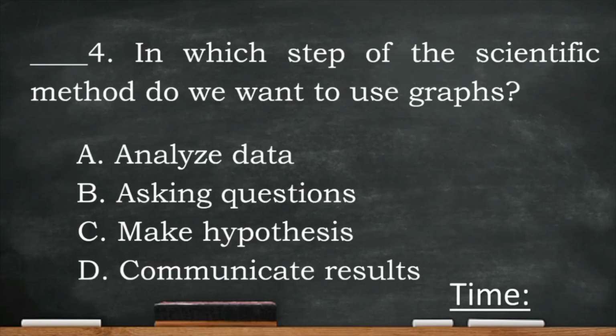And to our last item, item number 4. In which step of scientific method do we want to use graphs? A. Analyze data. B. Asking questions. C. Make hypothesis. Or letter D. Communicate results.